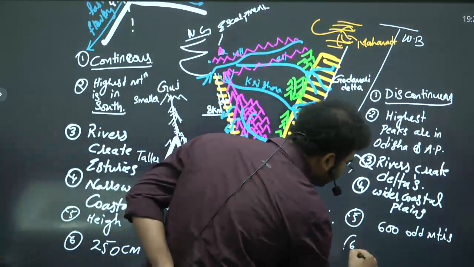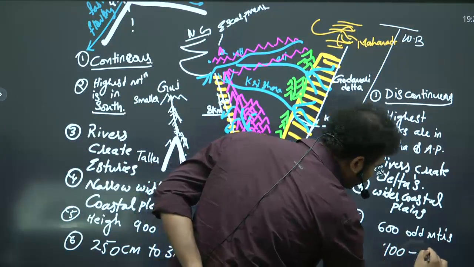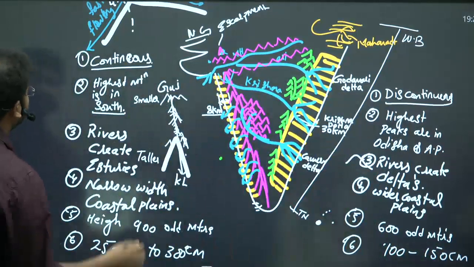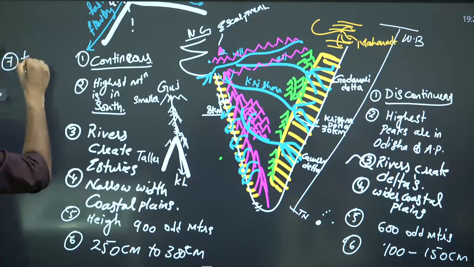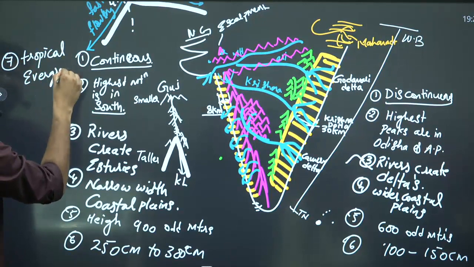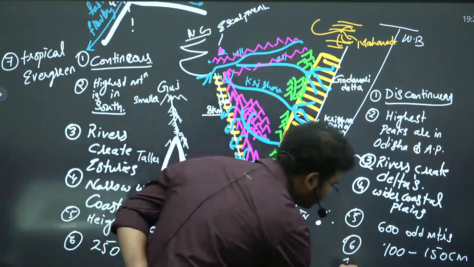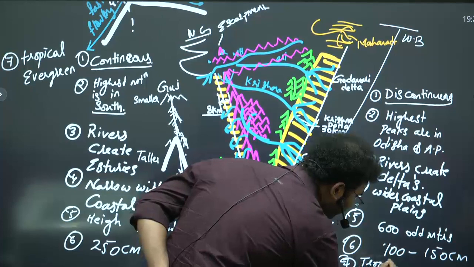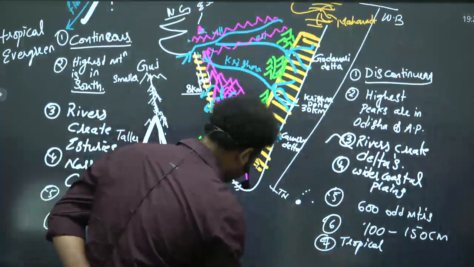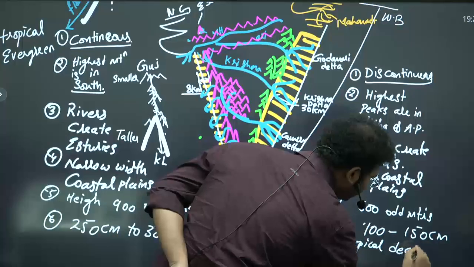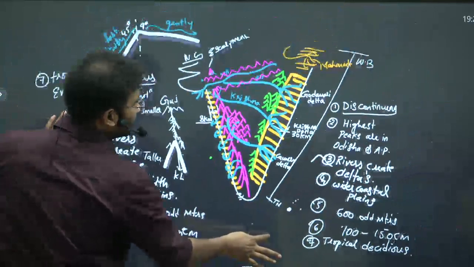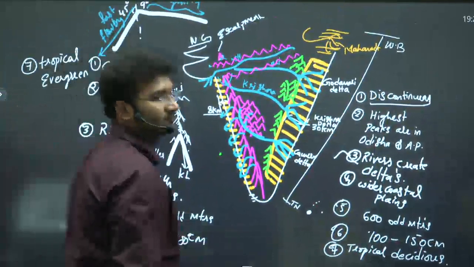On the east, rainfall is 100 to 150 centimeters. What will the vegetation be? Tropical evergreen on the west, and here it is tropical deciduous. So Pushpa can be active here. Red sanders-like vegetation is found on the eastern side.